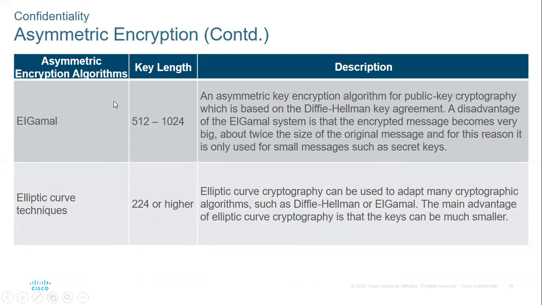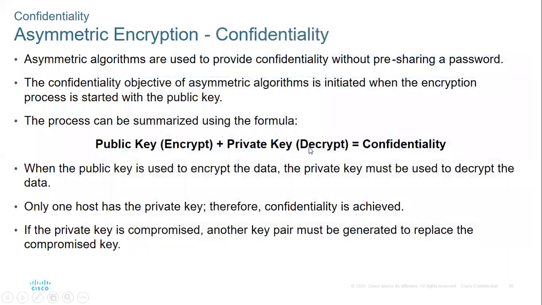So this is the key length. Okay. So you can see this is also an asymmetric encryption for public key cryptography, which is also based on the DH key agreement. And then we have the elliptic curve technique. So this is also the algorithm which is used, let's say, mostly on small devices.